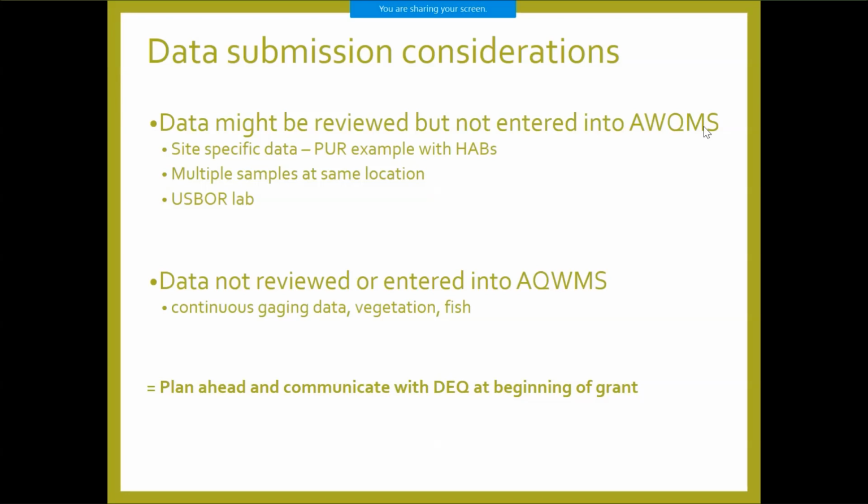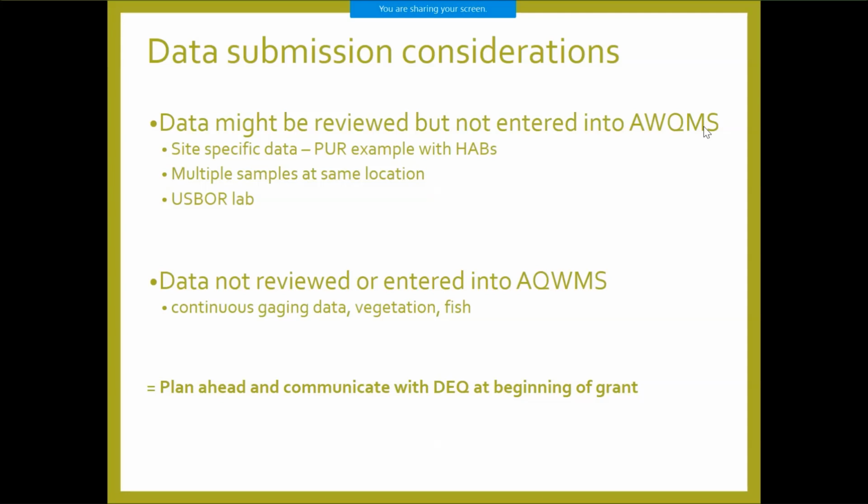And we already mentioned this before, but if some of you are partnering with other agencies that have your data, that will then from their end push the data into Storet. We won't bring that data into AWOMS because we'll be mirroring with the water quality portal, and so we want to avoid that redundant data.